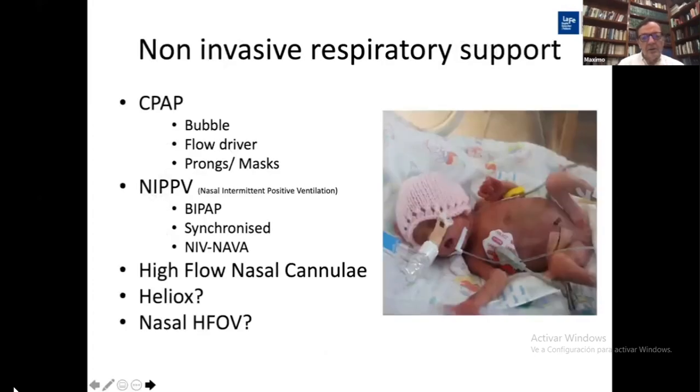So there are different non-invasive respiratory support methods that can be used in the NICU.